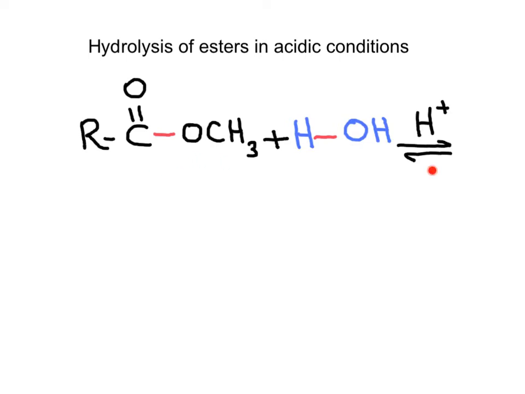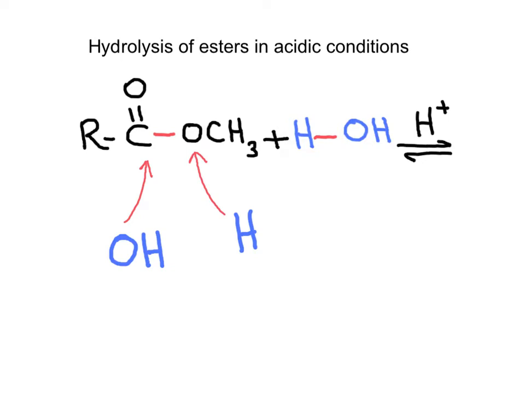Because this reaction is reversible, a large amount of water and small amount of the acid is used to drive the reaction to the right, that is, to cleave the bond between the carbonyl and the oxygen.